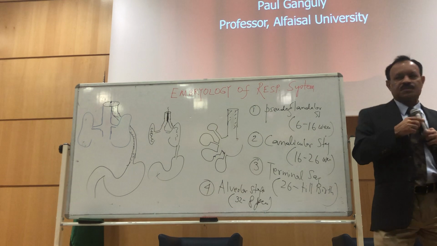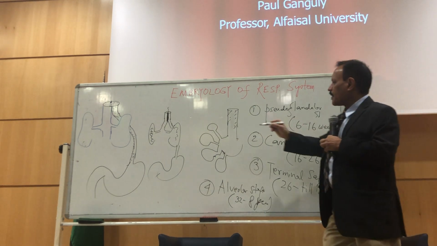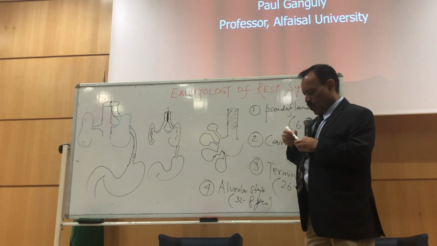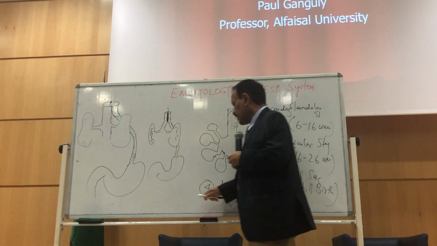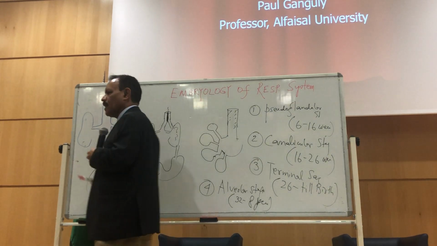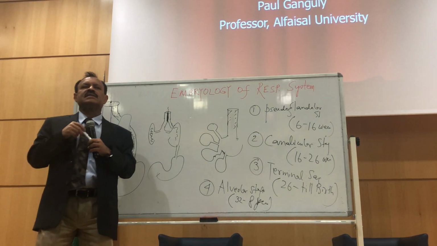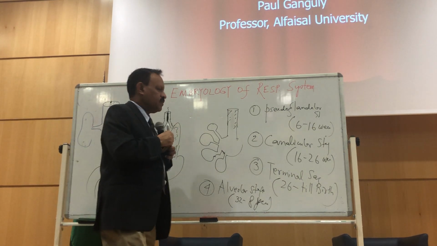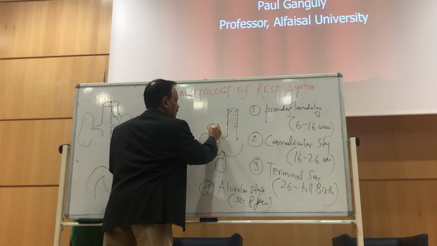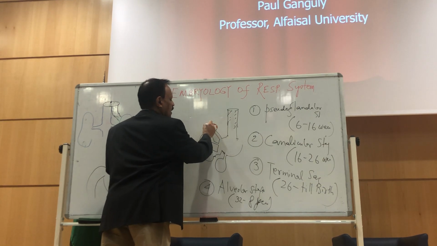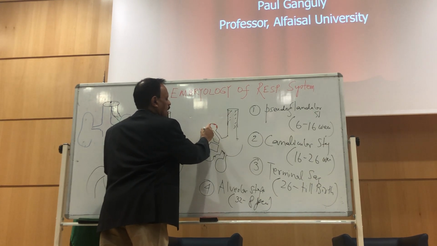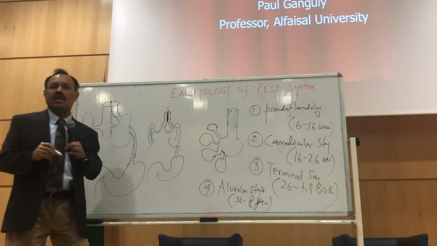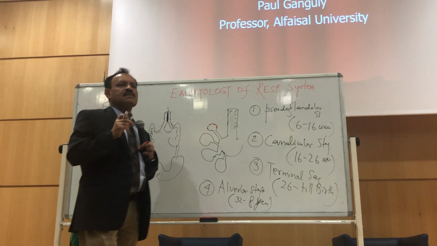There are 2 kinds of cells present over here. One cell, you know it already, the lung should have simple squamous epithelium. Yes or no? That's pneumocyte 1, simple squamous epithelium.